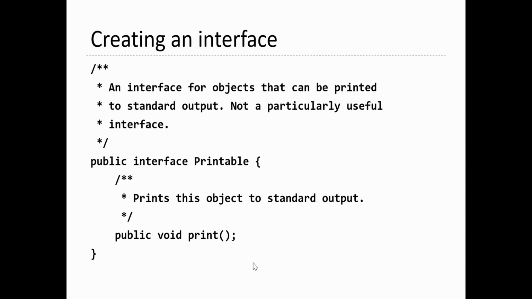Our printable interface has only one method. It's called print. Again, everything's public, and this print method happens to return no value. It just prints the object to standard output. And so there's our interface. Now you can take any class that you have access to its source code, and you can make it implement the interface.